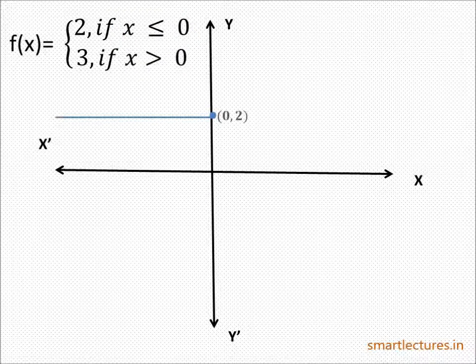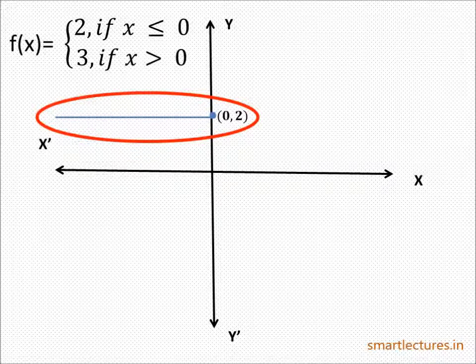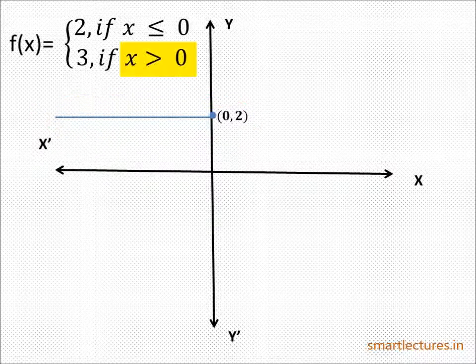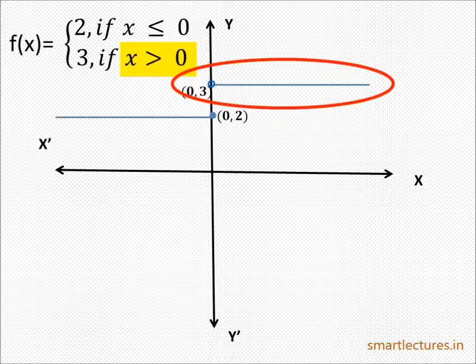So the graph of the given function for x less than or equal to 0 is a straight line which is parallel to the x-axis. And if the value of x is greater than 0, then the value of function f of x is equal to 3, or in other words, y is equal to 3 when x is greater than 0. And again, the graph is a straight line which is parallel to the x-axis.